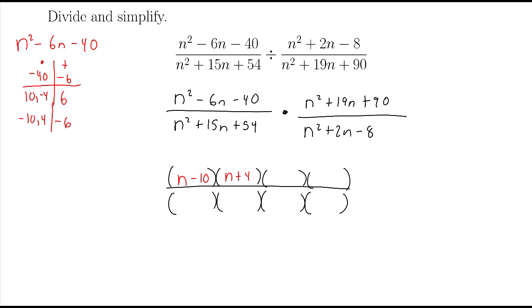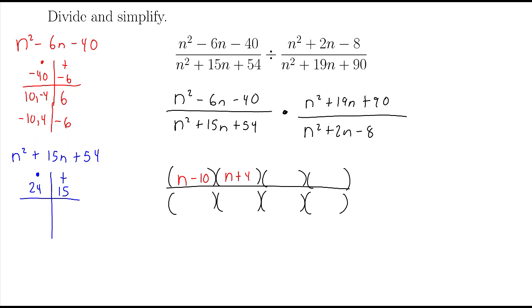Okay, now let's do n squared plus 15n plus 54. Again, understood 1 in the front. I need two numbers that multiply together to be 54, but add together to be 15.